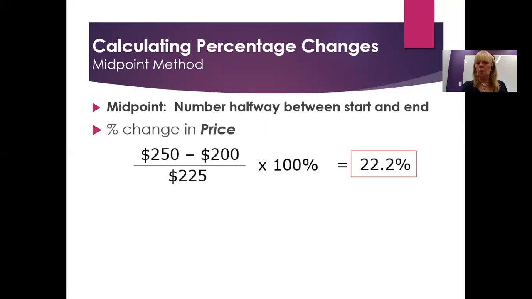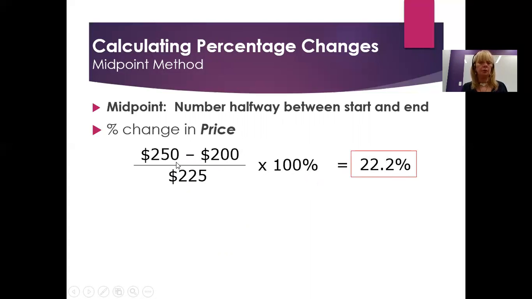So when we go back to that percentage change in price that we just calculated, if we're going from 200 to 250, we have 250 minus 200, which is $50, divided by 225, the number that's halfway between 200 and 250. And that gives us a percentage change in price of 22.2%.